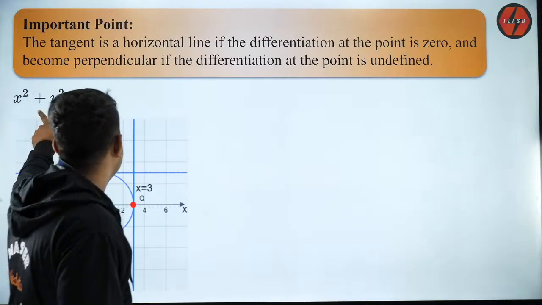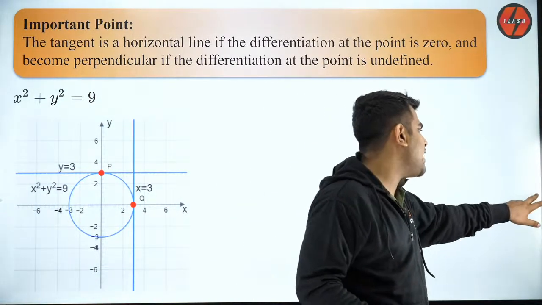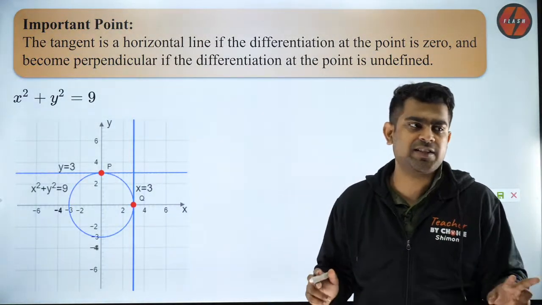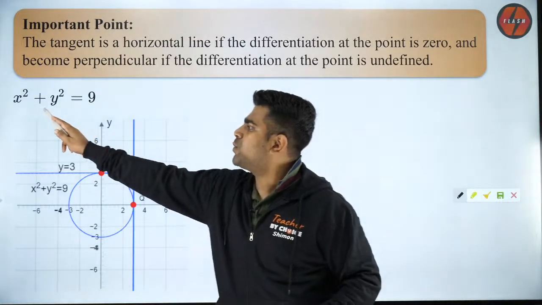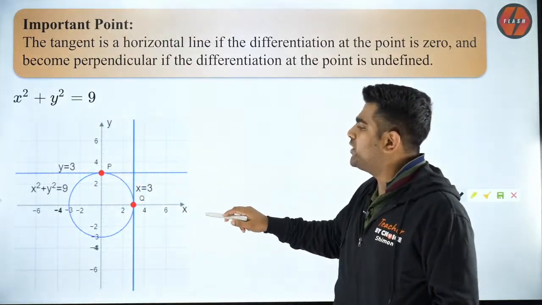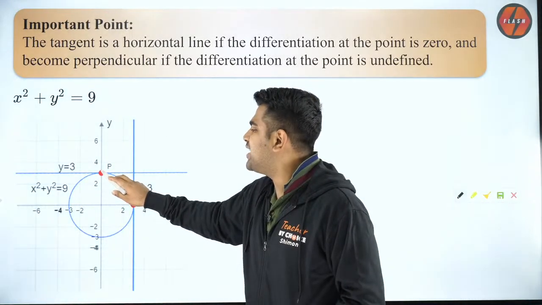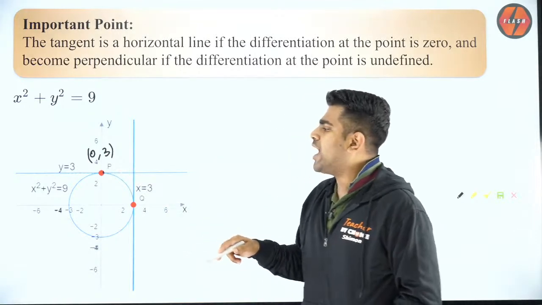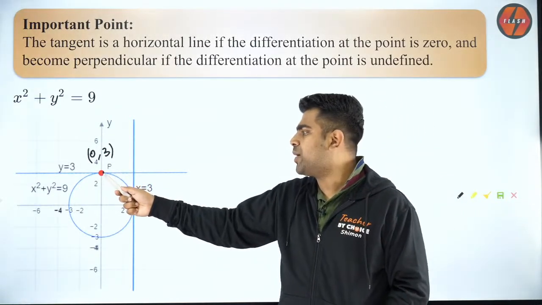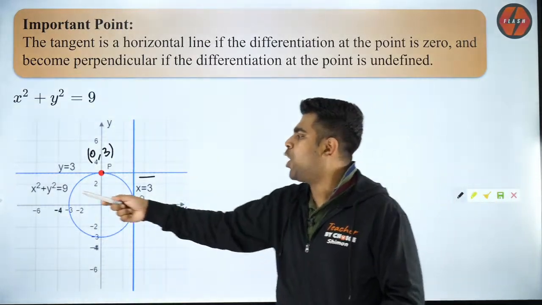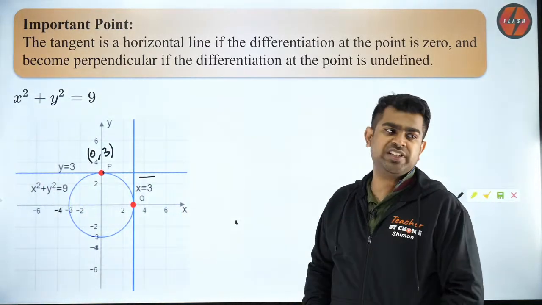Because if you take this circle, x square plus y square equal to 9, it is a circle. Let's say I want to figure out the slope of the tangent at the point (0, 3). The tangent at (0, 3) should be a horizontal line like that, and if it is a horizontal line, then the slope is 0.